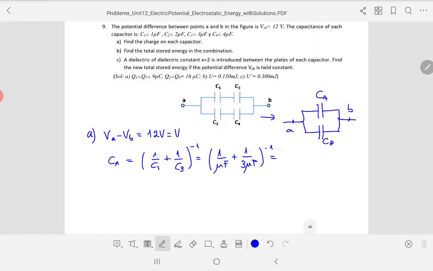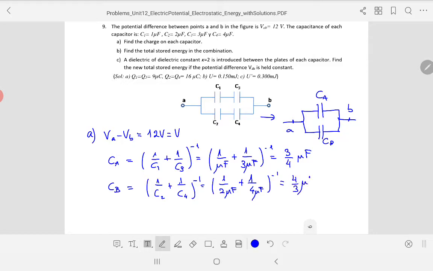If you do the numbers here, you can find that this is 3 over 4 microfarads. And the same for the equivalent capacitor B, which is 1 over C2 plus 1 over C4 to the minus 1, which is 1 over 2 microfarads plus 1 over 4 microfarads to the minus 1, which is 4 over 3 microfarads.